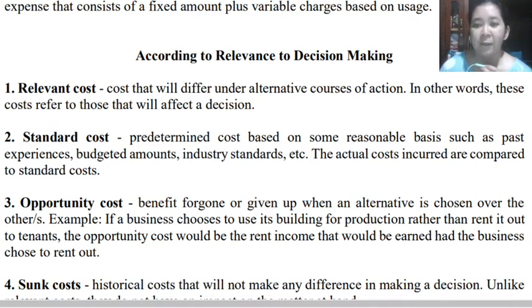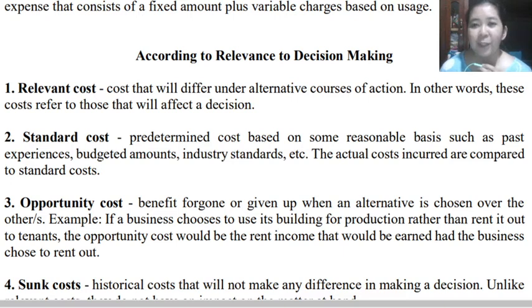However, if you choose to proceed to tertiary level or college, then you will incur expenses for your tuition and fees and other miscellaneous expenses. So here, the relevant cost is that if you choose to continue to college, you will be spending expenses, while if you choose to look for a job, you will have this salary.